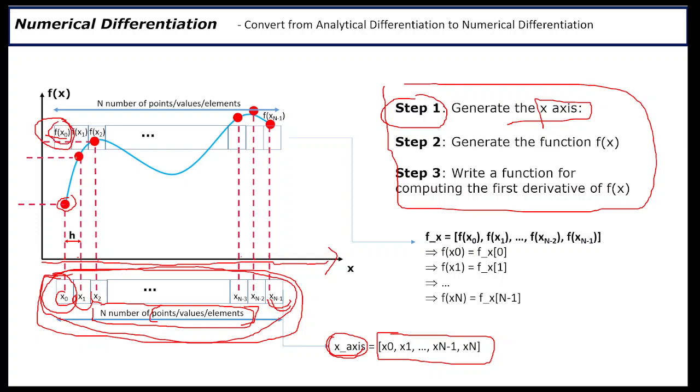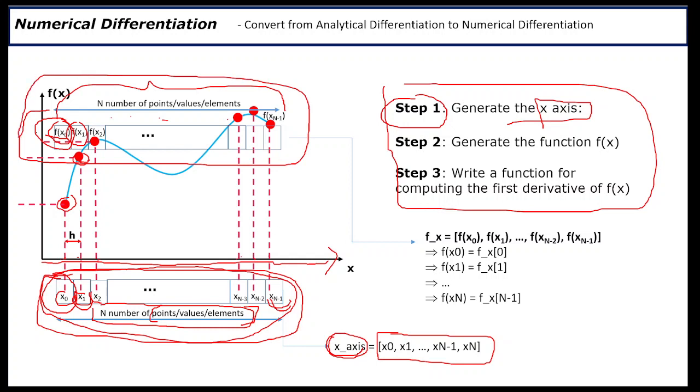Next, at x1, we have the value f(x1), and similarly we will have an array containing n values of the f function. This array represents our blue curve.